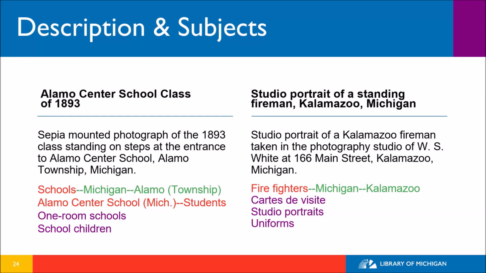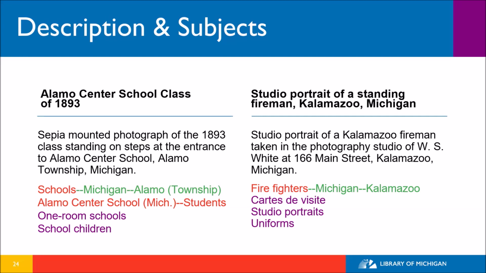Now, with the first one in green, we have added a geographic subdivision to that subject heading of Michigan and Alamo Township. It was important to us that we had the geographic division in the subject, but it would have been also okay to leave that geographic information out and only have it maybe in a location field. It's really dependent on how you want your metadata and your subjects interacting with each other in the collection.